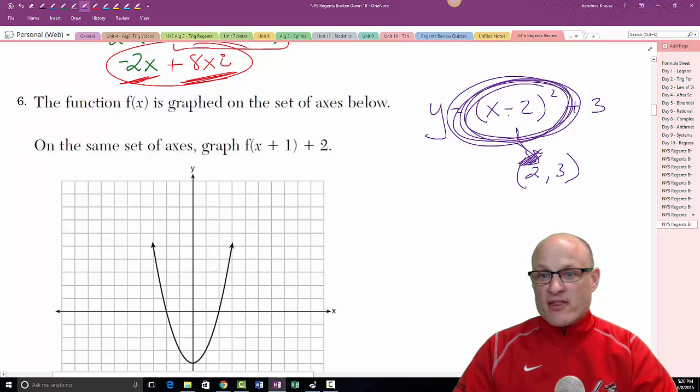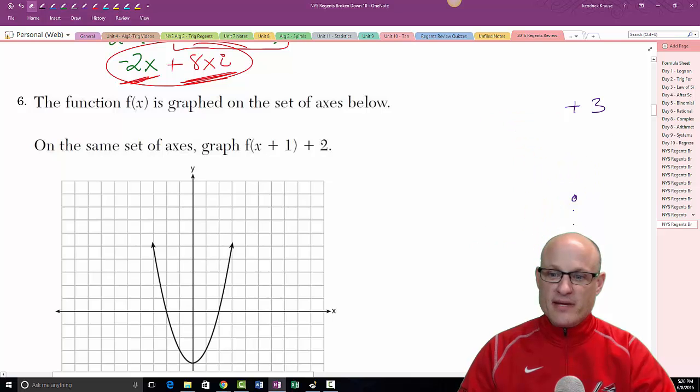So this is a normal parabola, but it's been moved to the right 2, 1, 2, and up 3, 1, 2, 3. So this parabola would move right 2, up 3. And that's basically what we got here.